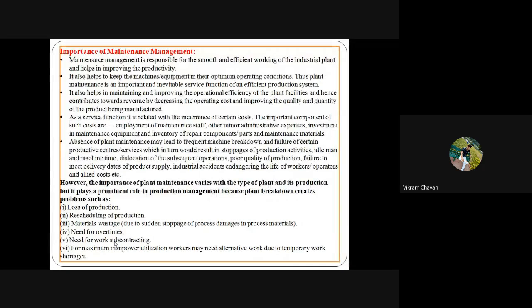As a service function, it is related with the incurrence of certain costs. Full stop.